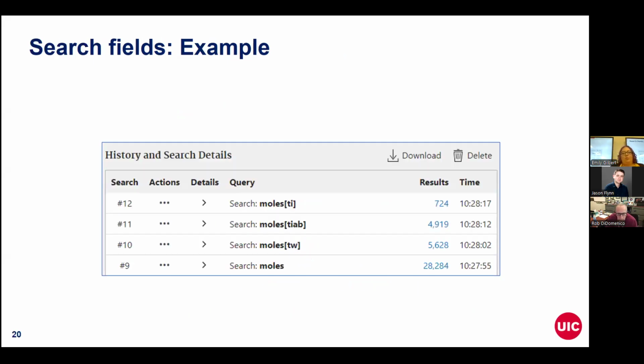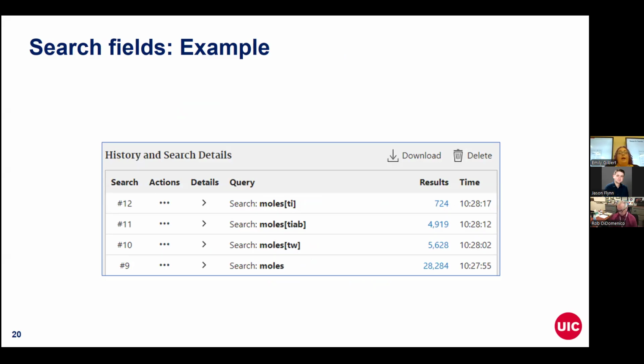So text word, TW, includes all of the words and numbers in the title, abstract, mesh terms, mesh subheadings, publication types, any substance names. There's a lot going on there. So it is searching a larger chunk of the record for sure.